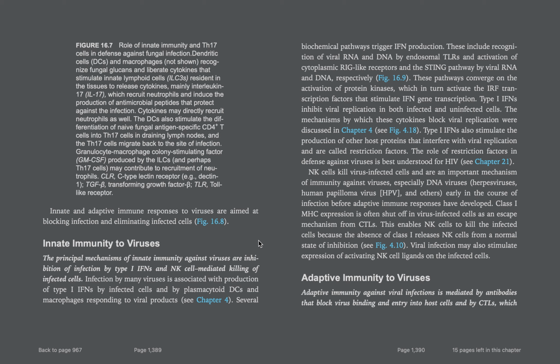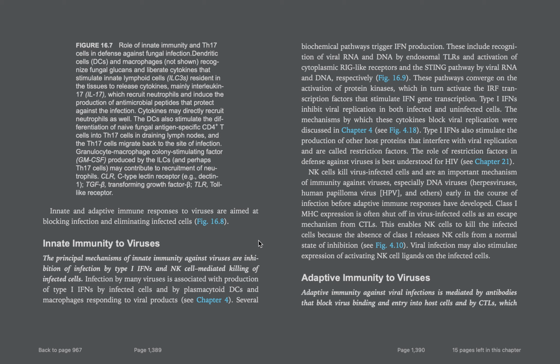The mechanisms by which these cytokines block viral replication were discussed in chapter 4, figure 4-18. Type 1 interferon also stimulates the production of other host proteins that interfere with viral replication and are called restriction factors. The role of restriction factors in defense against viruses is best understood for HIV.